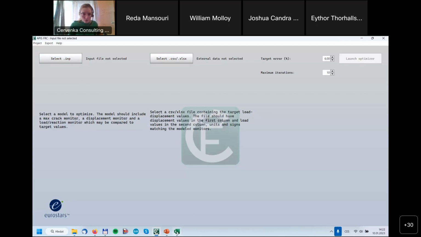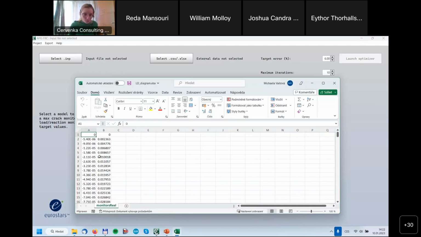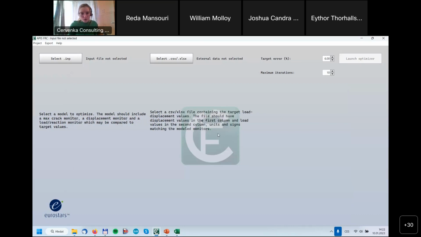I have it in here just to show you that there are just 2 columns, and we are at the top, so there are no headers. The first column is displacement and the second column is the load. You have to be aware that the units in this load displacement diagram correspond to the ones that you have in your model, and also that the signs of the displacement or the reactions are the same.